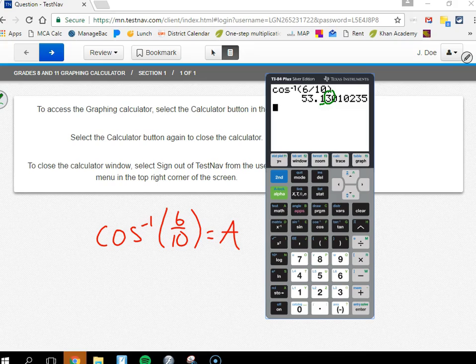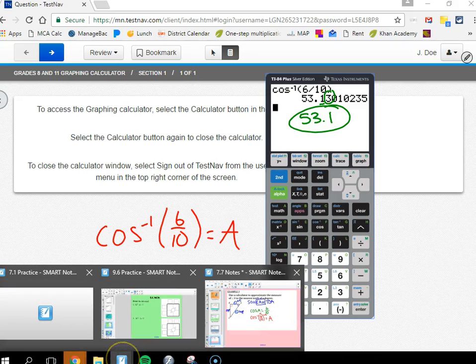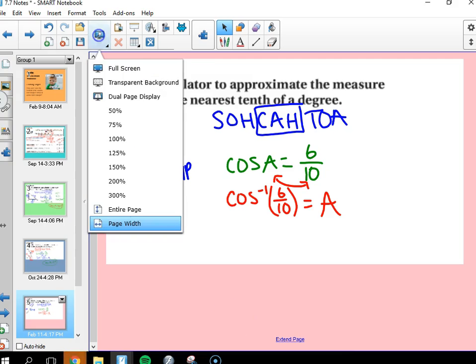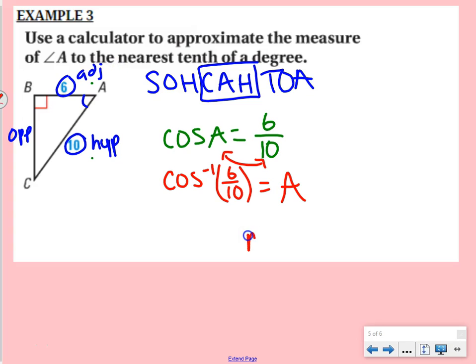We have a 1. The 3 after it tells us we can leave it as 0.1. So our measure of angle A would be 53.1 degrees.